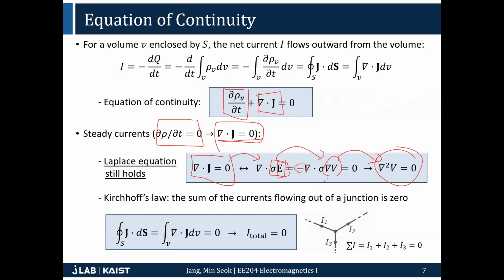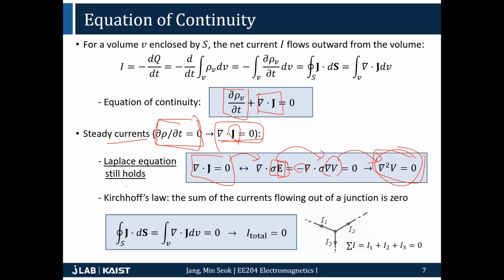This is another important conclusion, because here we are not assuming charges are stationary. Charges are moving around because we have non-zero current. But as long as the current flow is stationary, meaning the charge density doesn't change as a function of time, the Laplace equation still holds. So in terms of obtaining potential and electric field, we can use all the techniques that we used for electrostatics, because the Laplace equation holds for steady current.